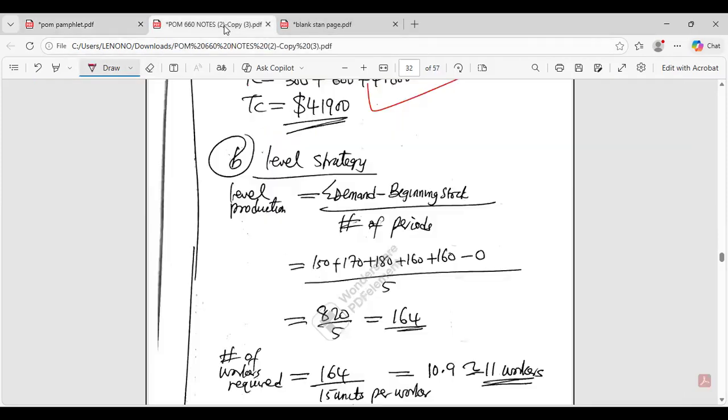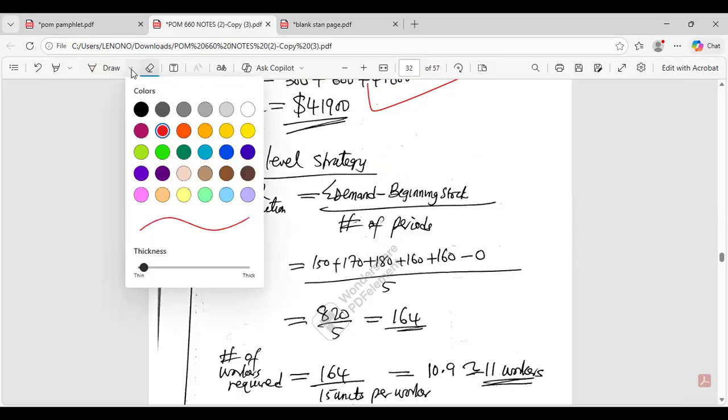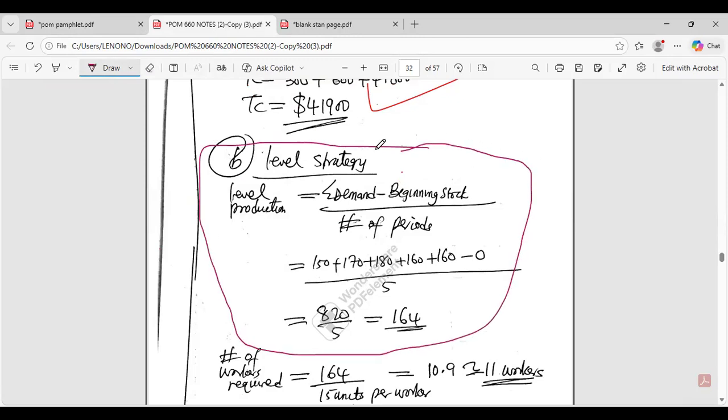Okay, let's go to the level production. Level production is the estimation of demand minus beginning stock over the number of periods. Demand comes from various sources. So this is the formula here, and you are getting 164 units.